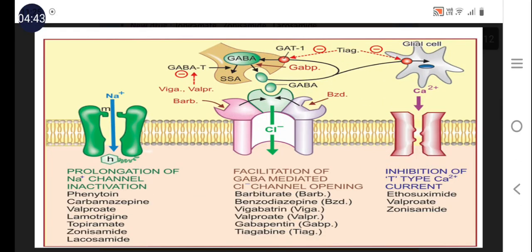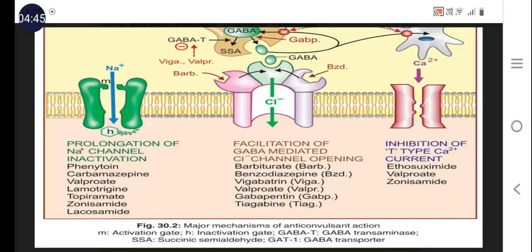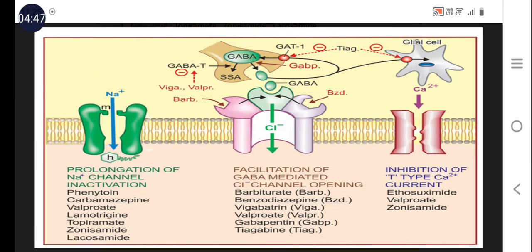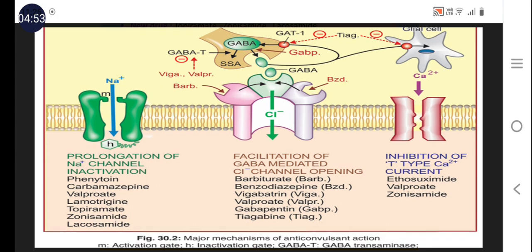Now, on the basis of their mechanism of action, first are those drugs that prolong sodium channel inactivation.